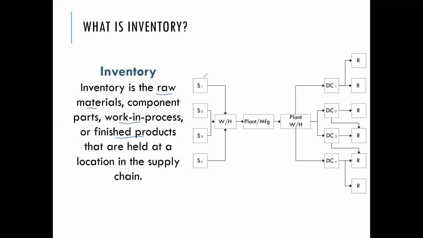So generally, suppliers have inventory, then suppliers store inventory in their warehouses. Then if there's a manufacturing plant, there is inventory over there. There's inventory in distribution centers. And generally, there is inventory in the retail stores as well. So inventory exists everywhere in a supply chain.